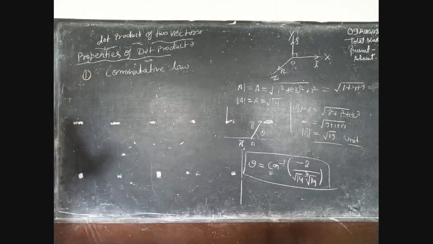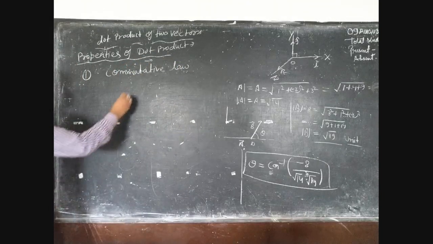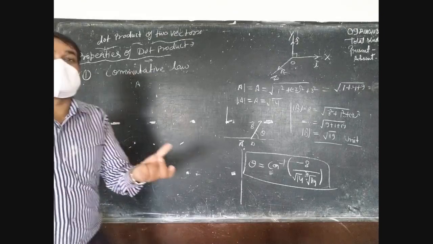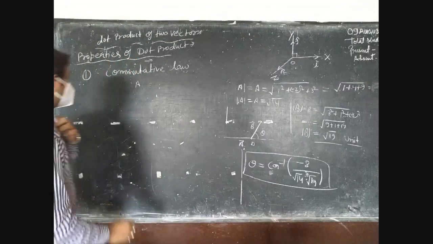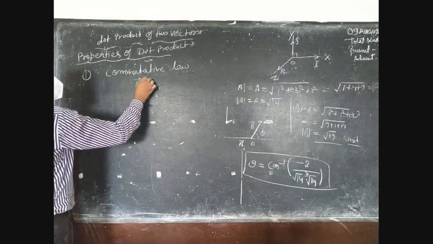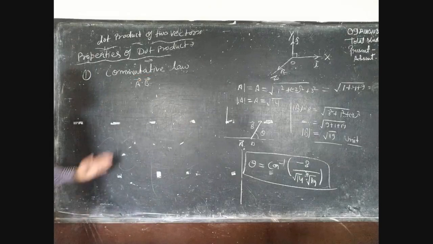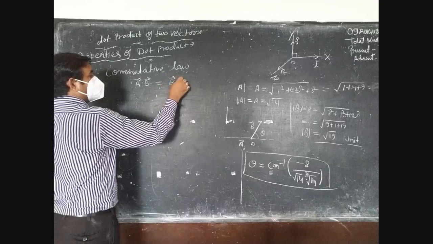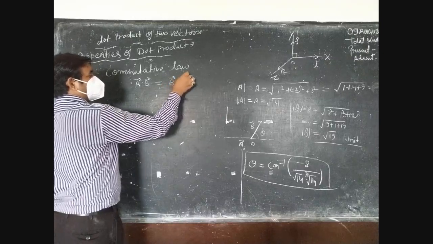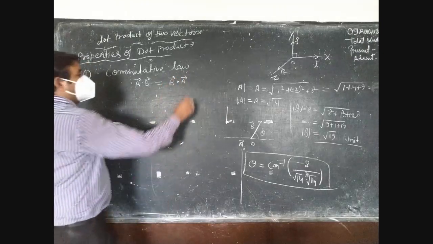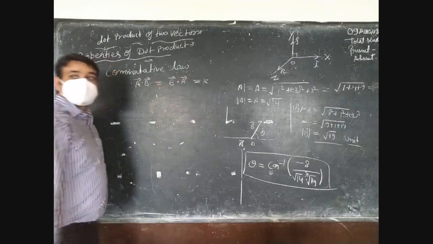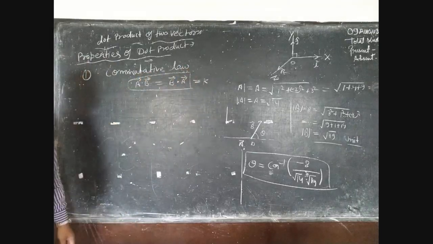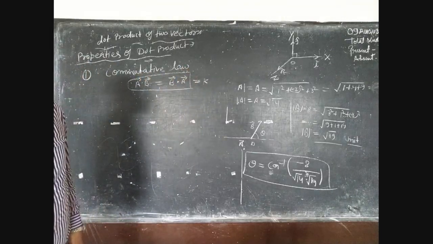When we discuss the dot product, as per the commutative law, when we change the order of the multiplication, that is, vector A dot vector B equals vector B dot vector A, we get the same result. That means the dot product of two vectors is commutative.